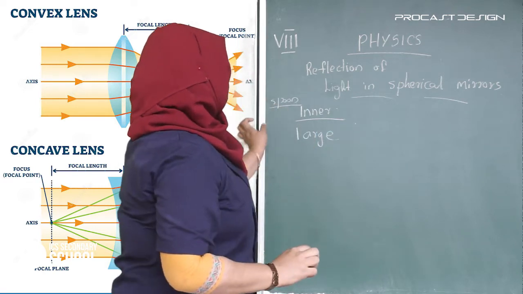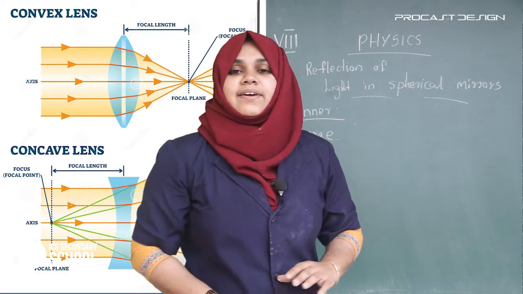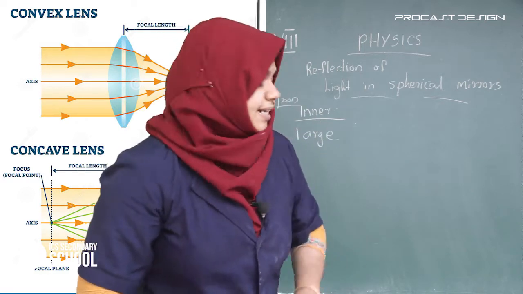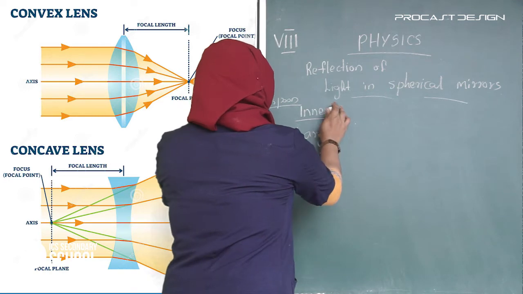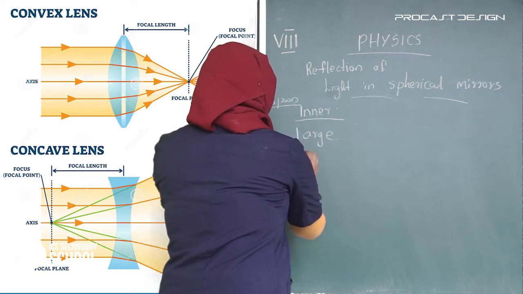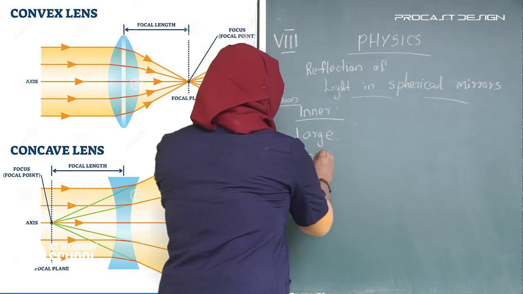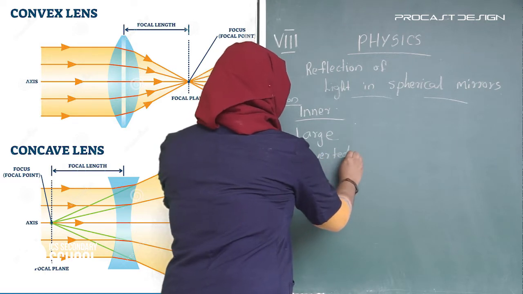When we look from a particular distance, on the inner surface we can see a large and inverted image.